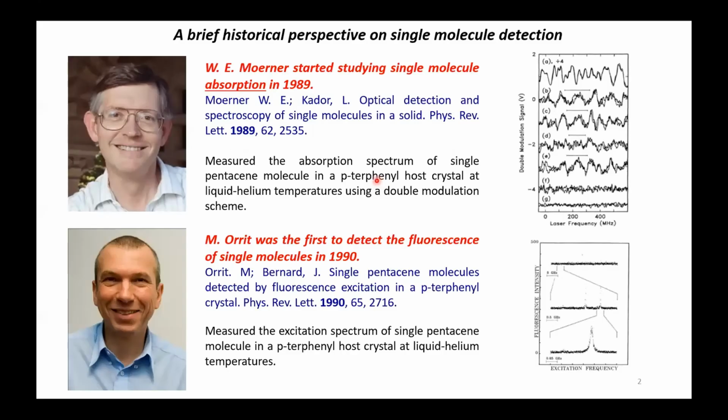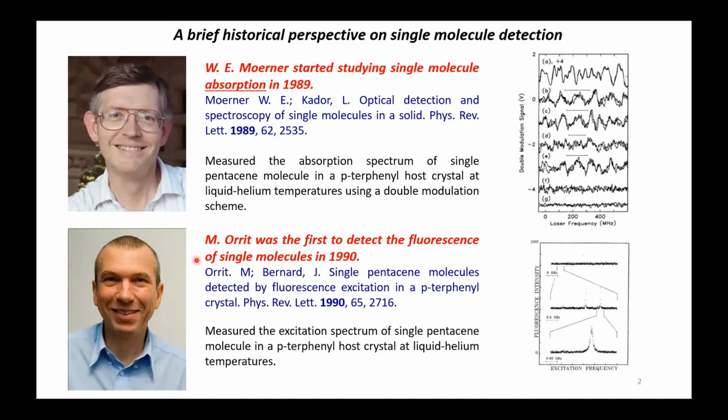So just to give some historical overview, it all started with single molecule and single particle measurements. It all started in 1989 with William Moerner measuring absorption of a single molecule using very complicated techniques like double modulation. This was followed by Michel Orrit, who is present in this webinar, who detected single molecule fluorescence just a little bit later.